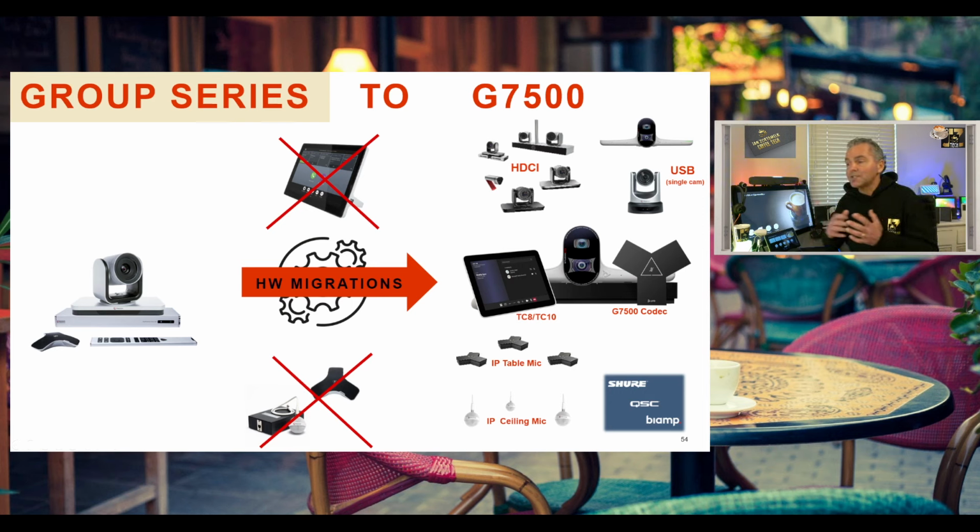Now, the next thing is your DSP integration. If you had some sort of DSP integration on the group series, then that was based on the 3.5mm port. You're able to use that with the G7500 codec. But what I recommend is to switch to USB, because the G7500 has USB ports which you're able to connect up to the DSP, and which will get the right functionality and integration with the G7500 and with the connected DSP.